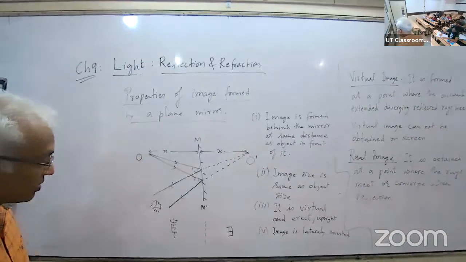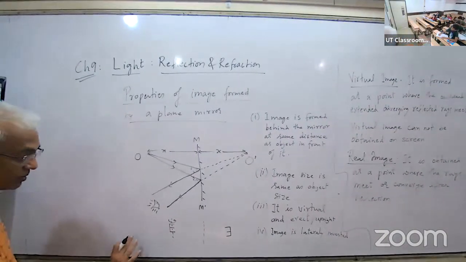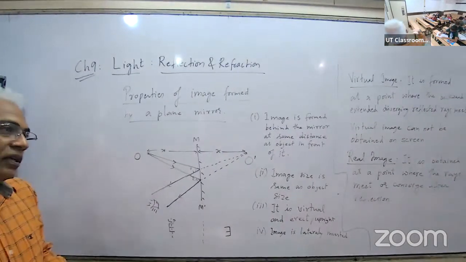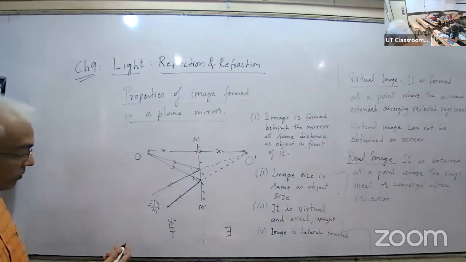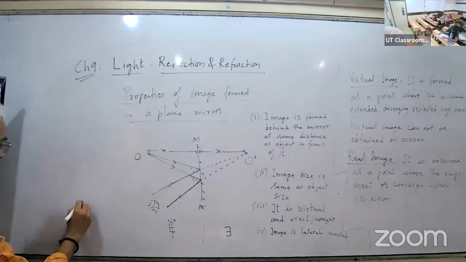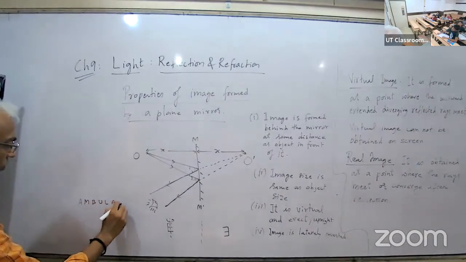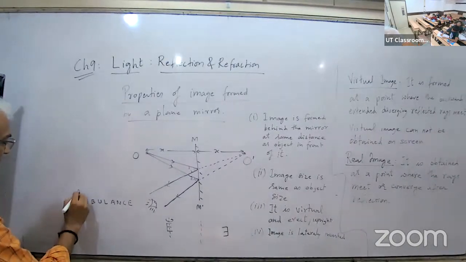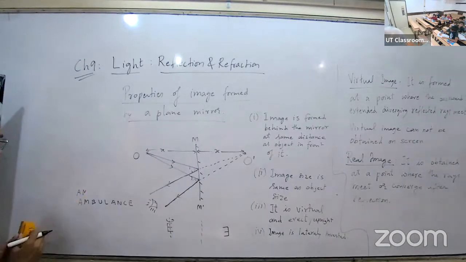That's why ambulance, have you seen how it is written? It is written laterally inverted so that a driver driving the vehicle ahead sees the correct image of it. Okay? So, how is ambulance written? It is written like this. A is symmetric, M symmetric, no problem. Right?